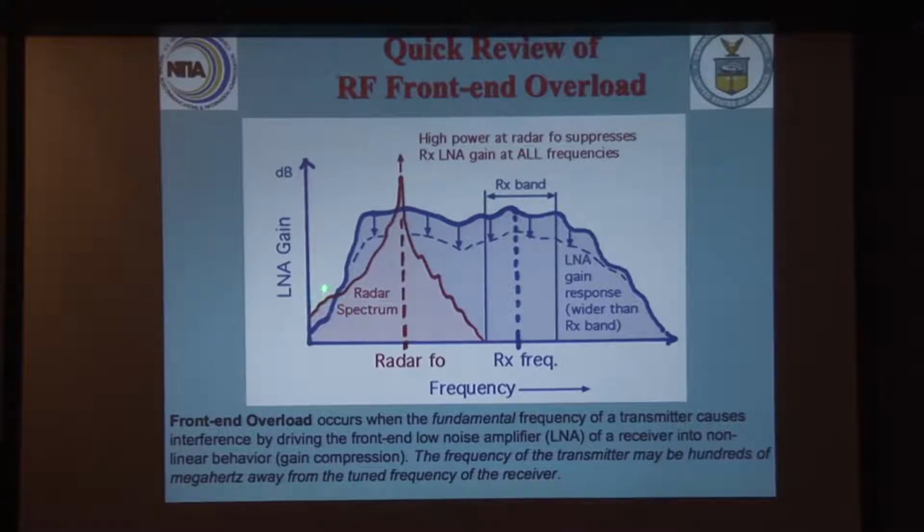Some strong signal turns on, typically but not always a radar signal, which is at a frequency that is not only not on the receiver's frequency, but is not even producing typically any measurable emissions in the receiver's band. But when this signal turns on, the response of the low noise amplifier drops down, and the desired signal is lost.